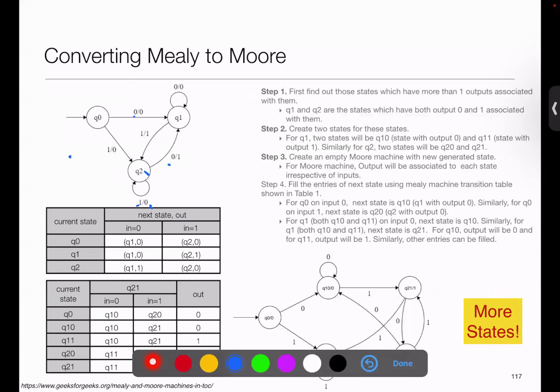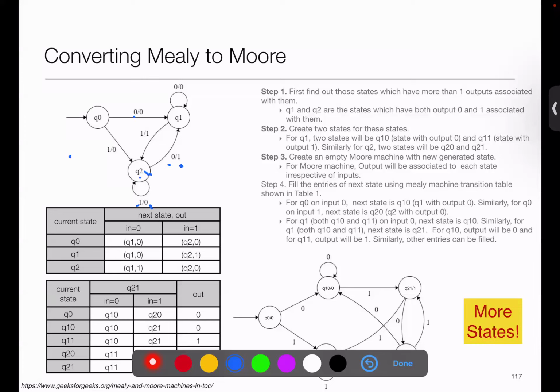And if input is 0, then I go to Q1 with an output of 1. So clearly, when I'm in state Q2, the output depends upon whether input is 1 or 0. So how do we convert this into Moore? Now here, I cannot even make the flippant argument that Mealy is a superset of Moore. So I have to do some creative thinking.